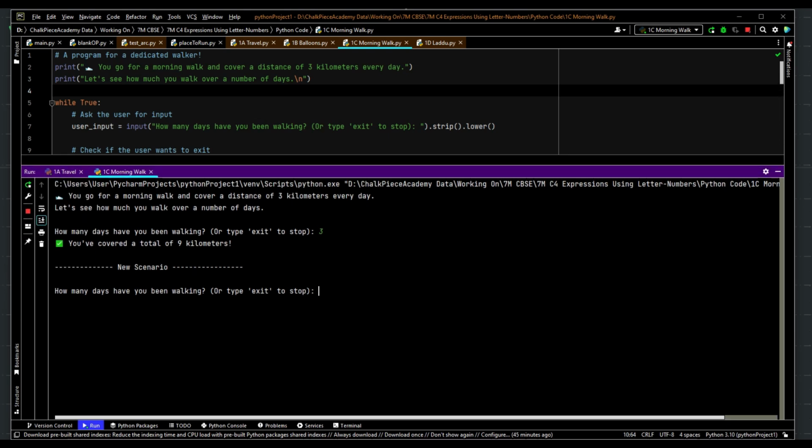What if I remember that I was also on a walk another day of that week? So basically 4 days is what I walked. So what is the total distance? Yes, 12 kilometers, because every day I walk for 3 kilometers. So if I walk for 4 days, 4 into 3, 12 kilometers.